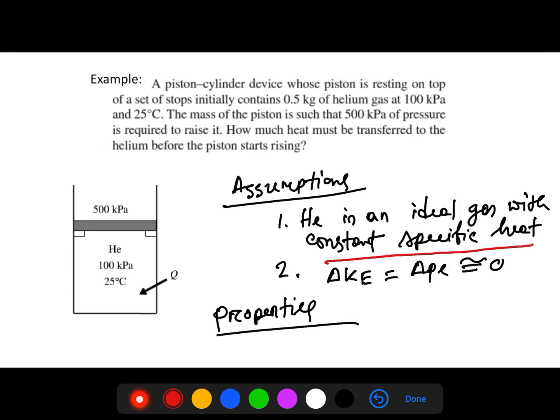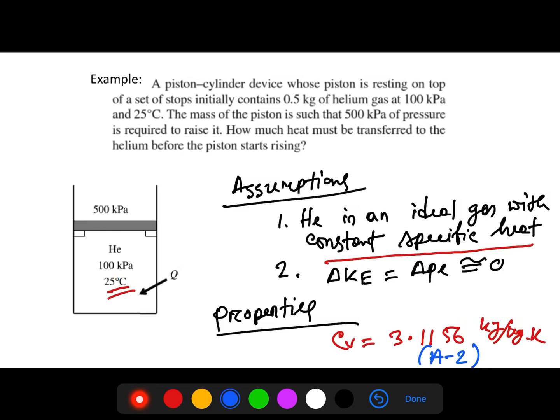At 25 degrees centigrade, say this is room temperature, we can say the specific heat of the helium at room temperature, Cv, is 3.1156 kilojoule per kg Kelvin, and you will get this from table A2 of your appendix. So this is the properties of helium.